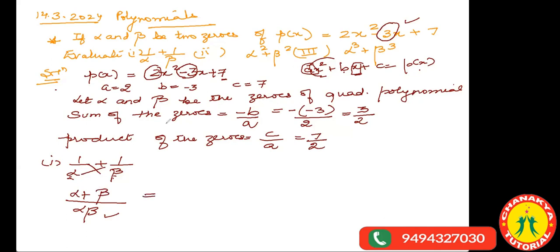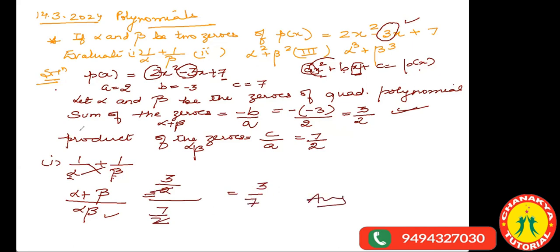Now sum of the zeros is alpha plus beta and product of the zeros is alpha beta. Sum of the zeros is 3 by 2 and product of the zeros is 7 by 2. Now 2 cancel. Your answer would be 3 by 7. Is it clear, children? Yes, ma'am.